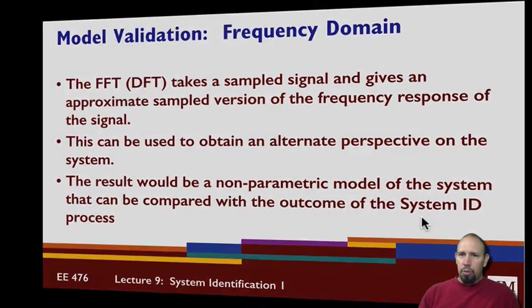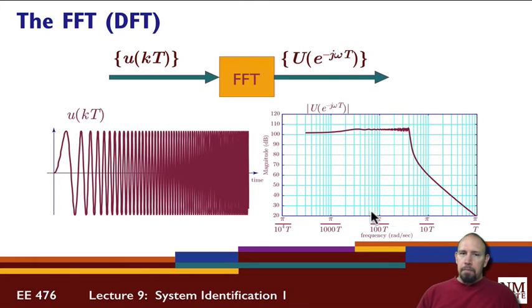So we have a signal that we sample, put through our FFT, and get a signal out. In general, our frequencies will go all the way out to pi over T, the Nyquist frequency.